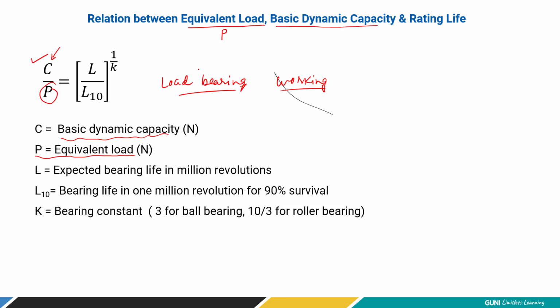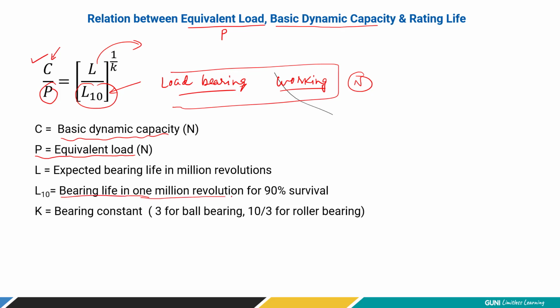It does not vary by a large value, right? So it is very important to correlate the working condition, that is how much load is coming during rotations, what is the expected service life, and what should be the actual service life. As per the definition, here L10 is simply the bearing life, that is 1 million revolutions at 90% survival.